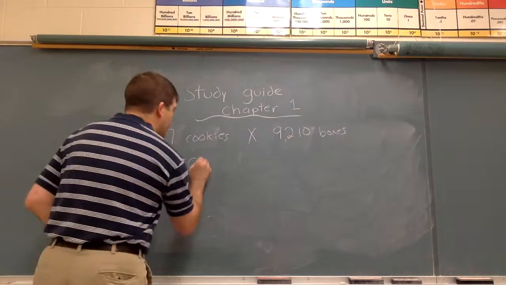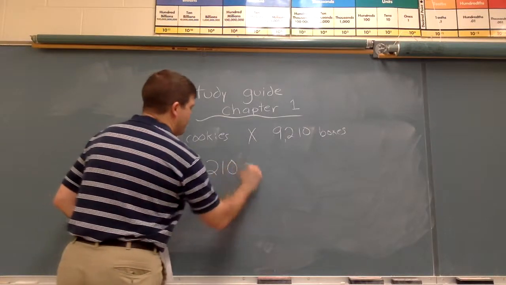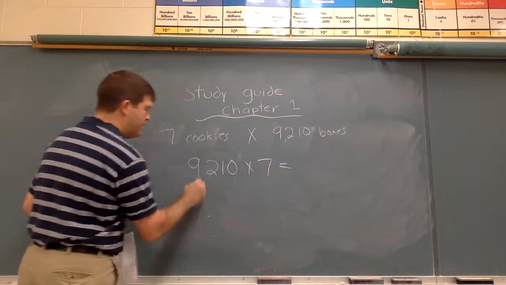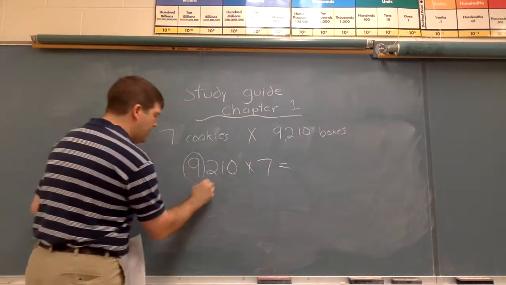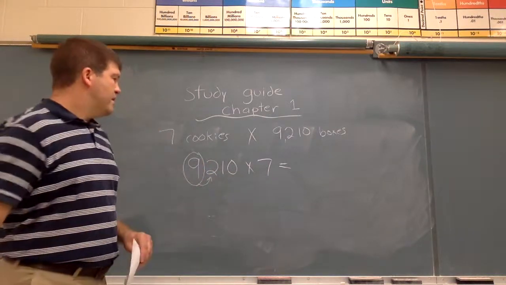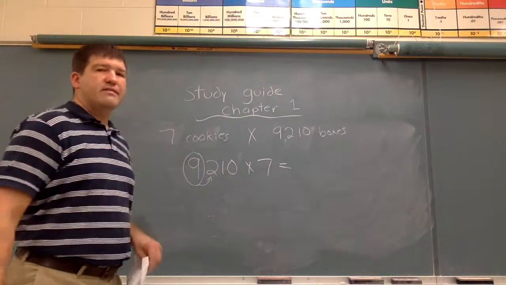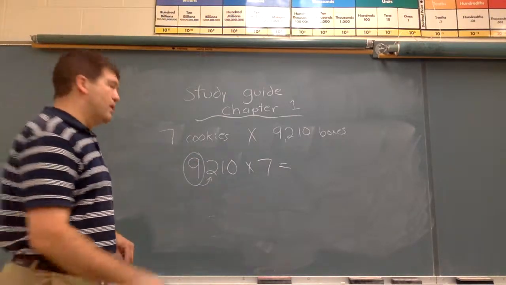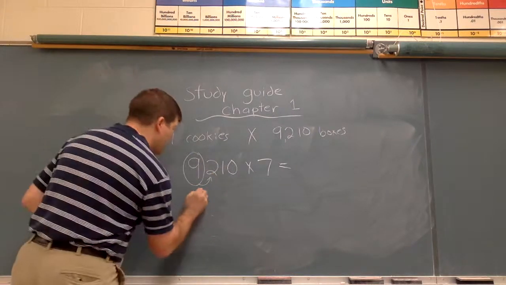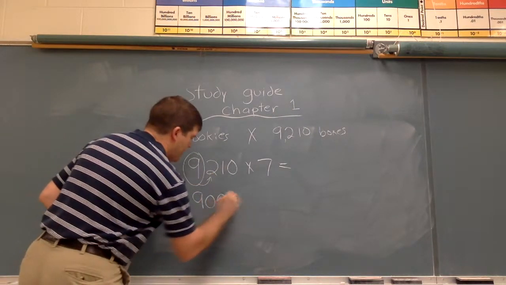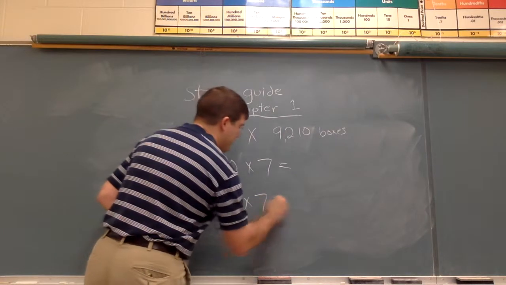So I take 9,210 times 7. I'm going to round it to the nearest 1,000. I go to my 9, look at my 2. I either go up to the next place value or I just stay the same. And because this is 2, I go to 9,000 times 7.